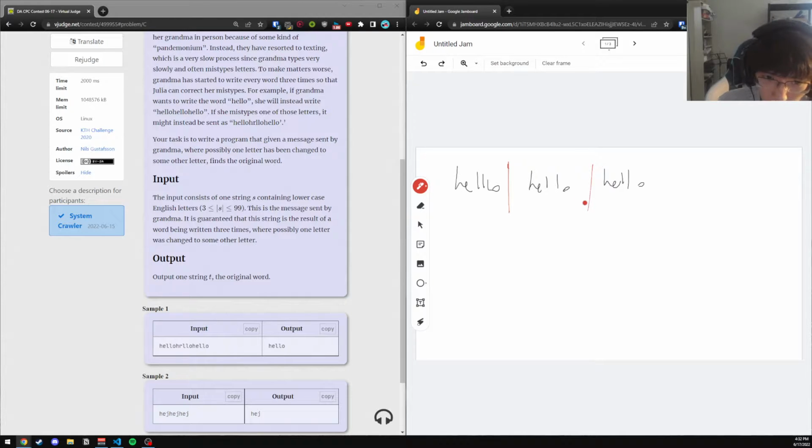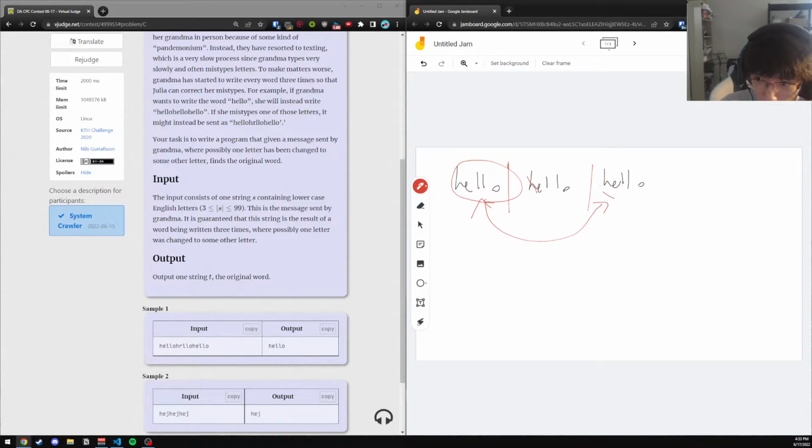And one easy way to do this problem is that we know that there's only going to be a maximum of 1 character that's different. And that means that it's guaranteed that either 1 and 2 are the same string, or 2 and 3 are the same string, or 1 and 3 are the same string. So if one of these is different, then we're guaranteed that the other 2 are the same.